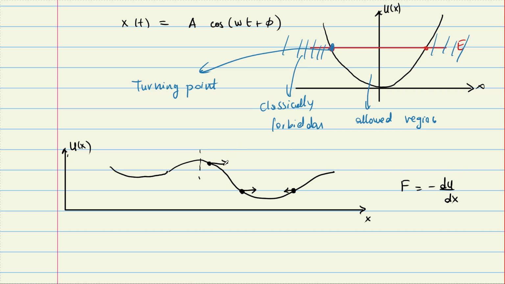There's a positive force in this direction. Similarly, if I put it here, there'll be a force like this, and a force like that, and a force like this. So these are stable minima. So these are unstable.